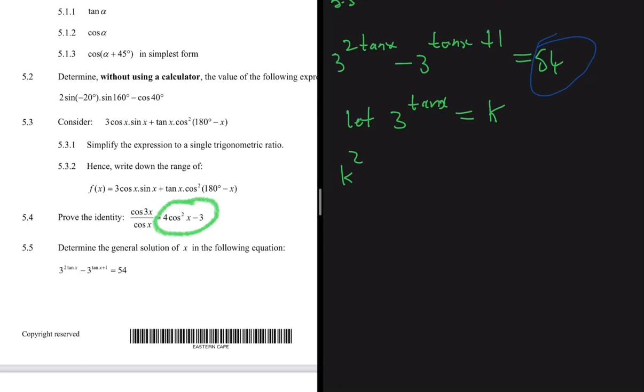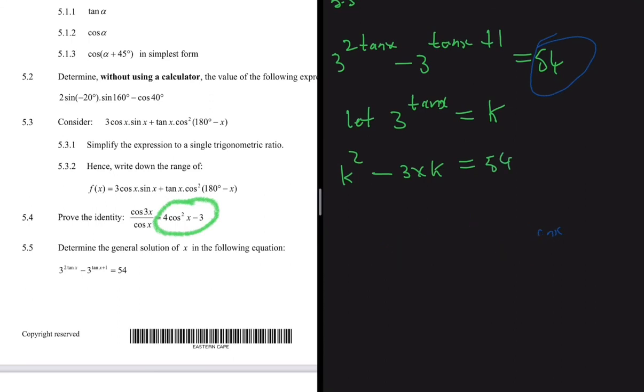And in place of minus 3 to the power tan x plus 1, let me break that down first. 3 to the tan x plus 1 is the same as 3 to the tan x multiplied by 3. So here we have minus 3 multiplied by k, and that all equals 54.